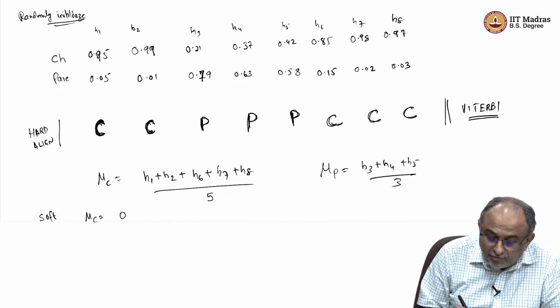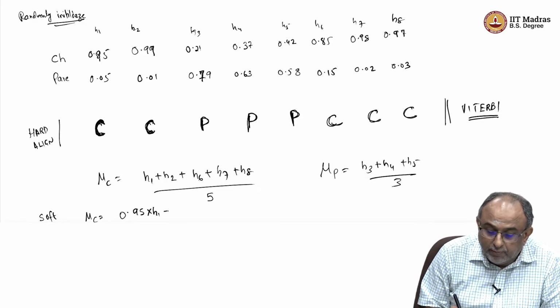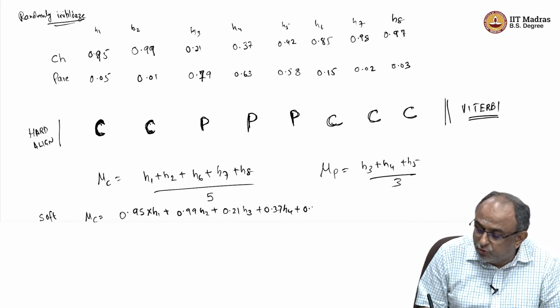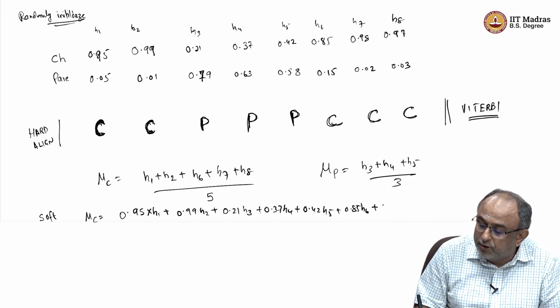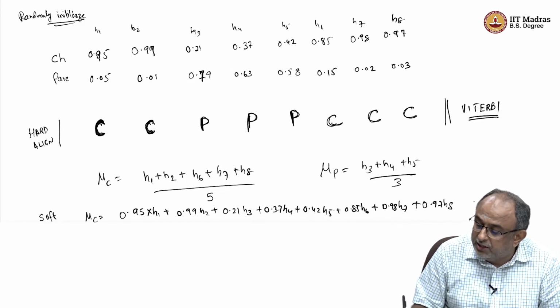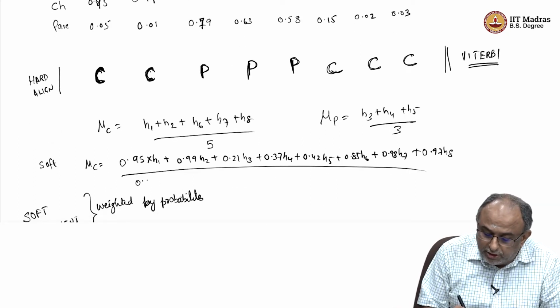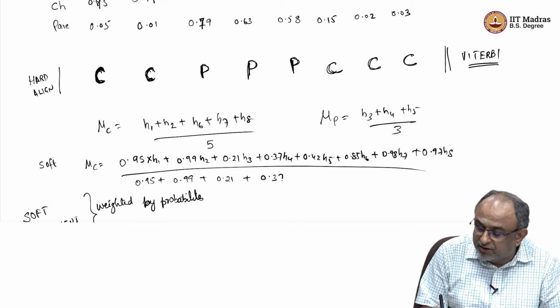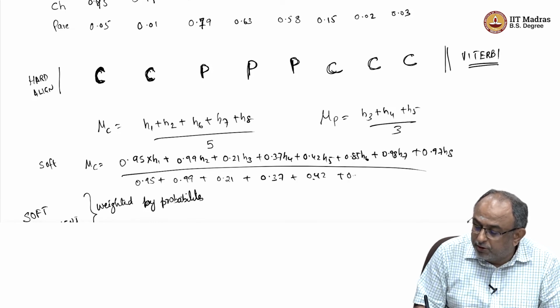So, it will be 0.95 times H1 plus 0.99 times H2 plus 0.21 times H3 plus 0.37 times H4 plus 0.42 times H5 plus 0.85 times H6 plus 0.98 times H7 plus 0.97 times H8 divided by 0.95 plus 0.99 plus 0.21 plus 0.37 plus 0.42 plus 0.85 plus 0.98 plus 0.97.